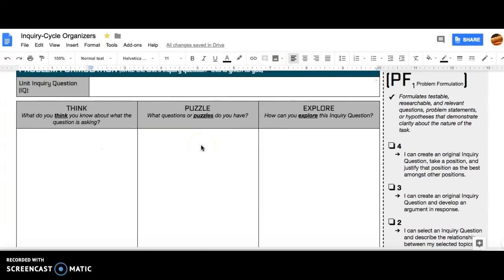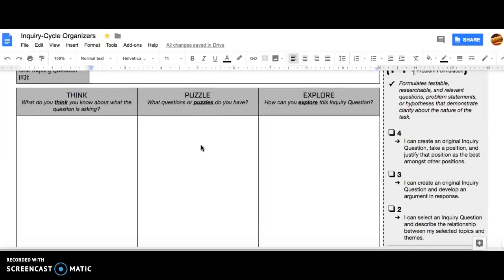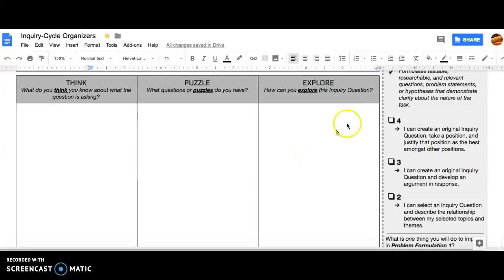The next column over asks you to think about any questions or puzzles that you may have regarding the question itself or the topic. This is basically your opportunity to ask clarifying questions that you will hopefully find solutions or answers to. The last column over has you explore the question further, or at least think about how you can explore the question.